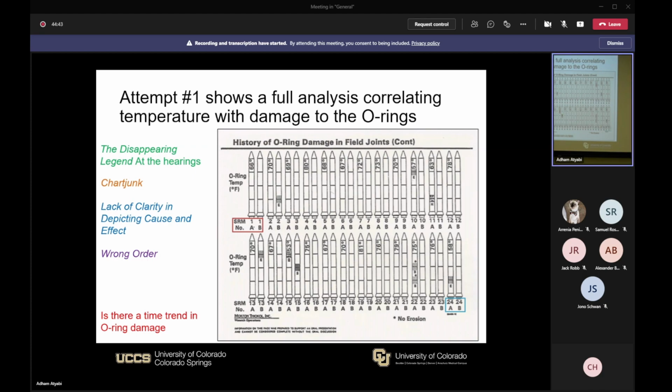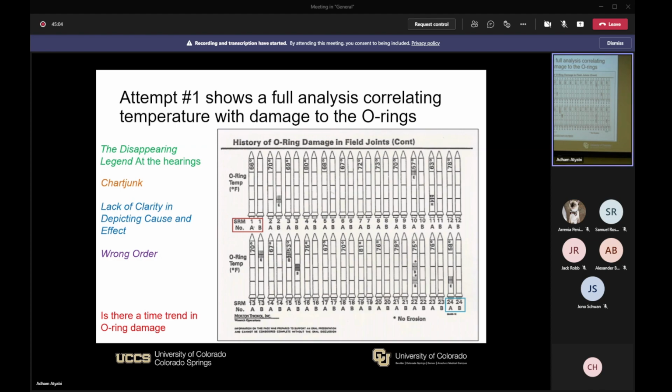This reminds us of Tufte's principle, which states that a lack of visual clarity in arranging evidence is a sign of a lack of intellectual clarity in reasoning about evidence.